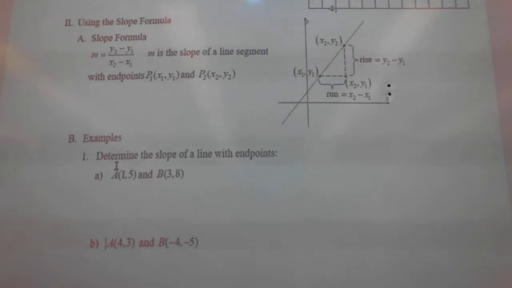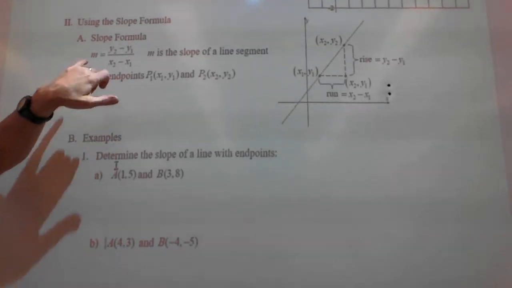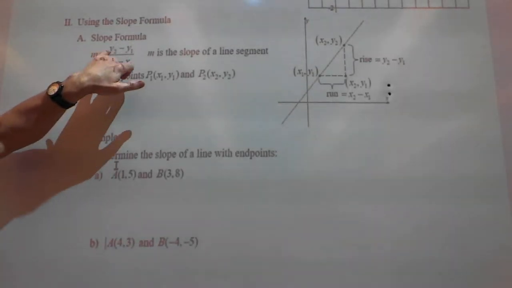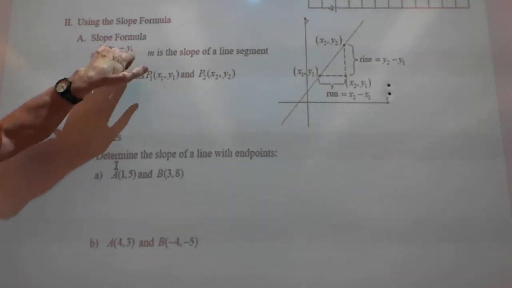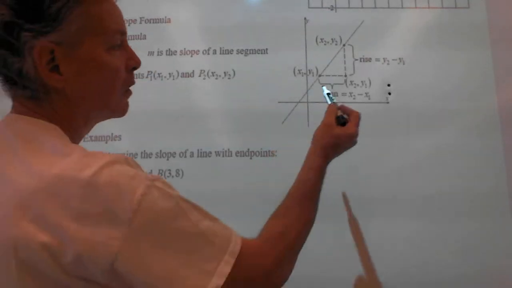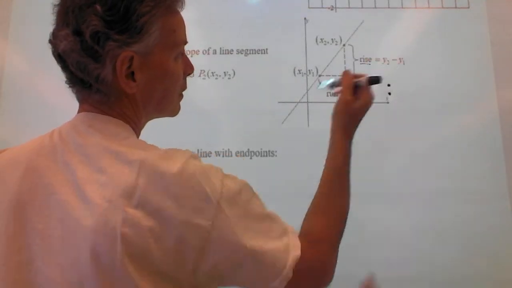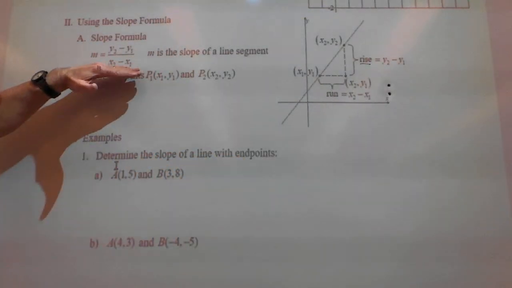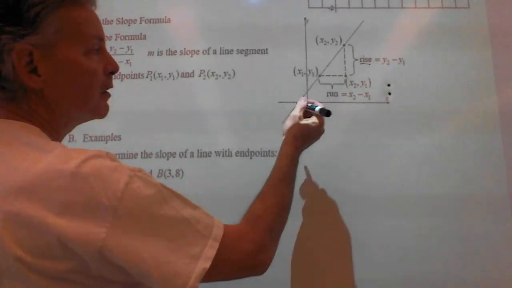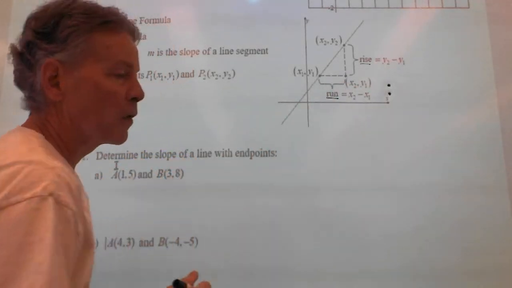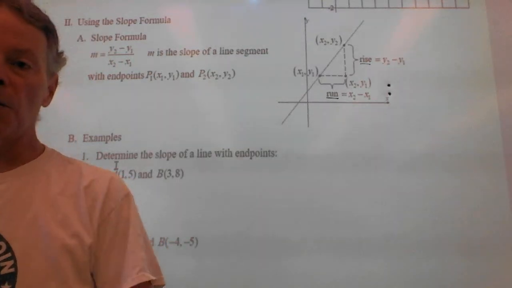Taking a look at the slope formula, m is simply equal to y2 minus y1, the difference in y values, or the rise, divided by x2 minus x1, the difference in x values, which is the horizontal difference, or the run.